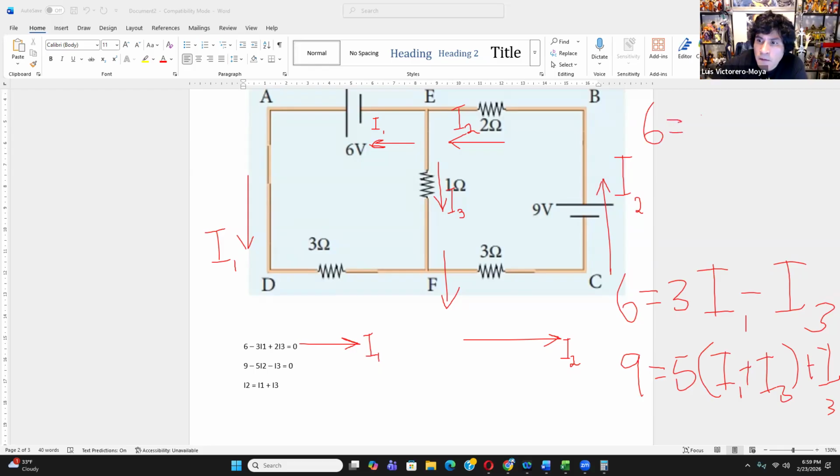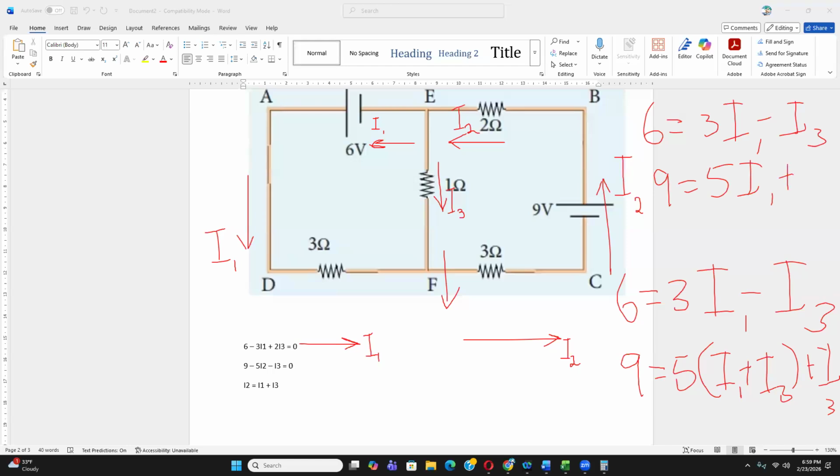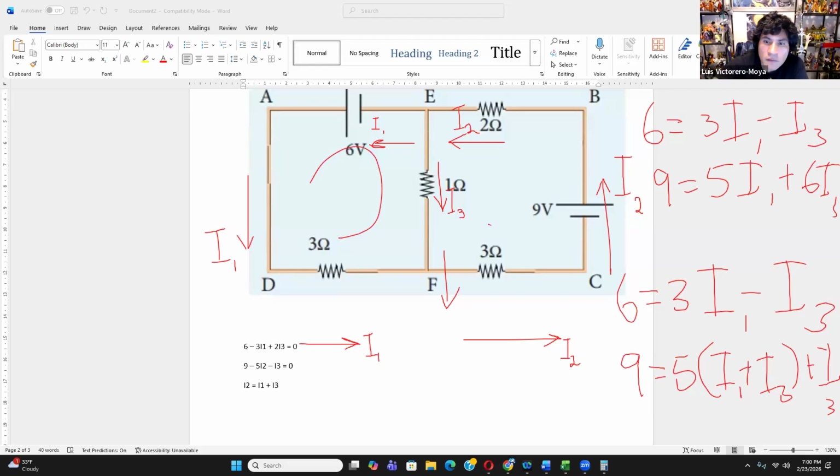Six equals 3I1 minus I3. Nine equals 5I1 plus I3. Are we solving counterclockwise or clockwise? Like this.